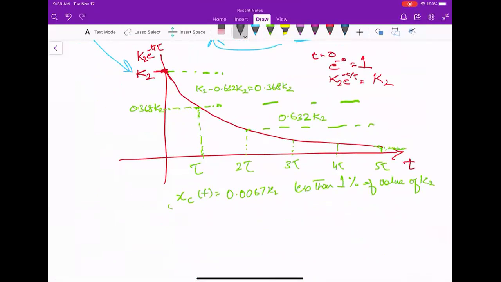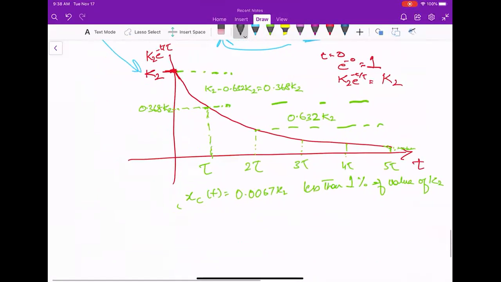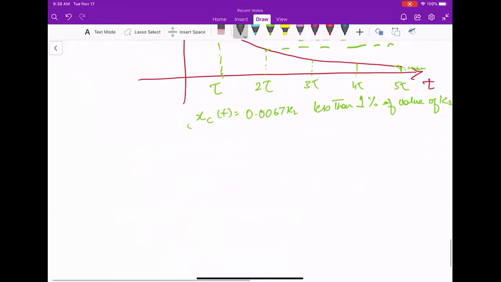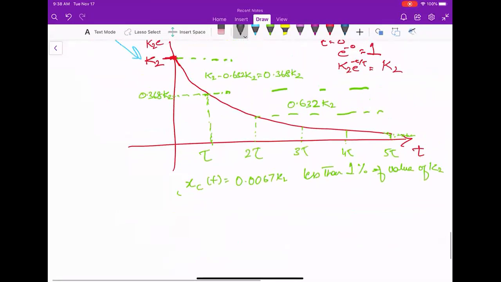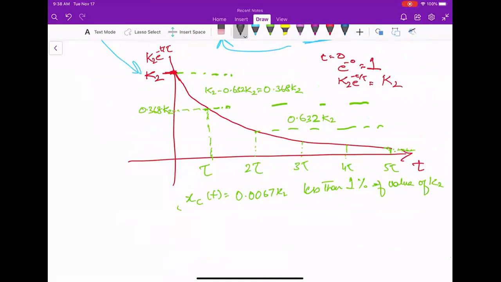So one more thing we want to know. We know that this is a decaying exponential, and a decaying exponential means that it settles down as time passes. But we also want to know what will happen if we change the value of tau. From the formula, you know that this is e minus t by tau, where tau is in the denominator.